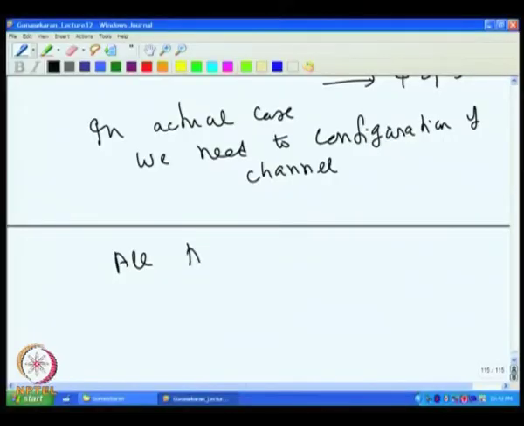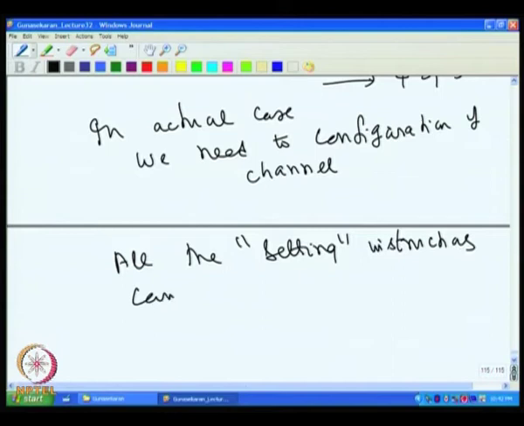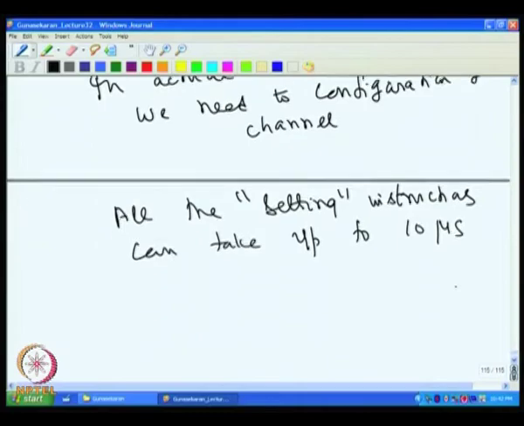All these setting instructions can take up to 10 microsecond. So, one conversion typically needs about 50 microsecond. It is the minimum time required for the complete 10 bit accuracy.